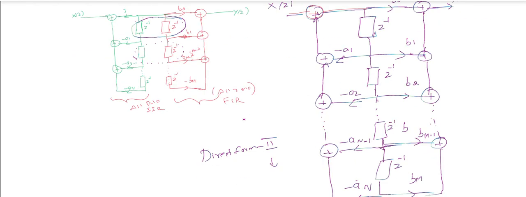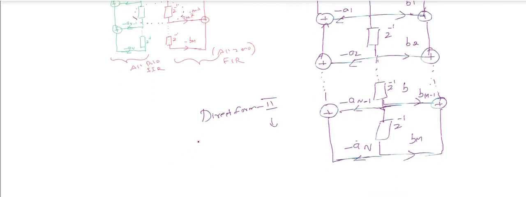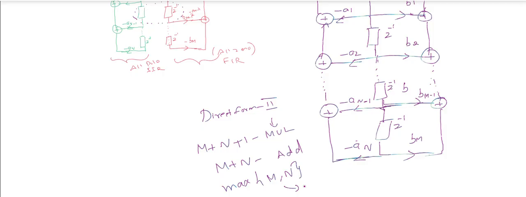Now the requirement of adders, multipliers and delay elements for implementation of this system in hardware: m plus n plus 1 multipliers, m plus n adders, and the maximum of m comma n memory locations.